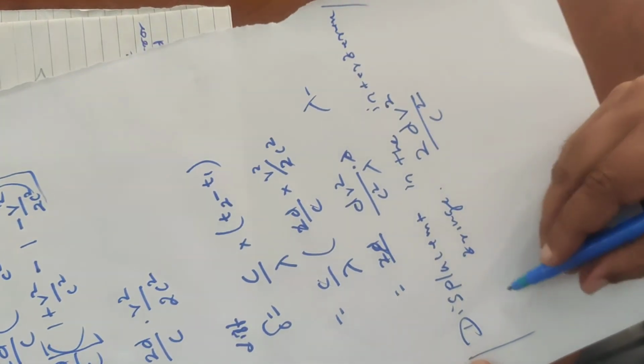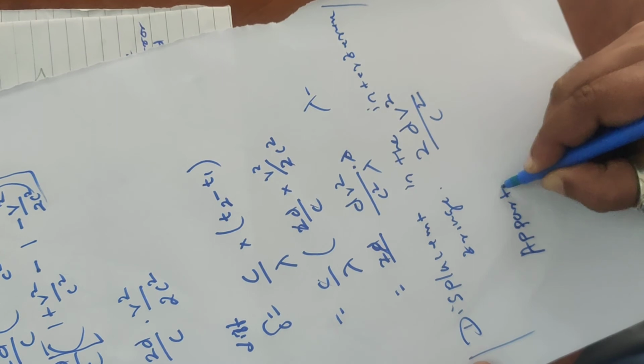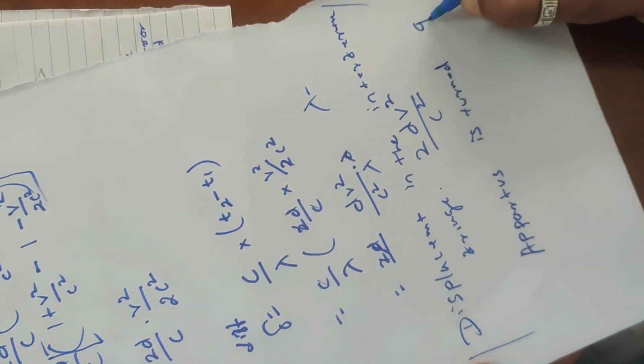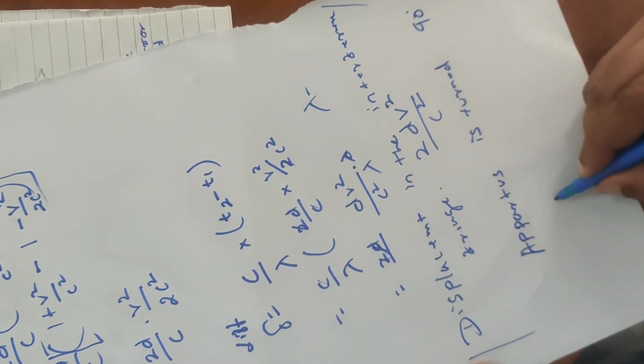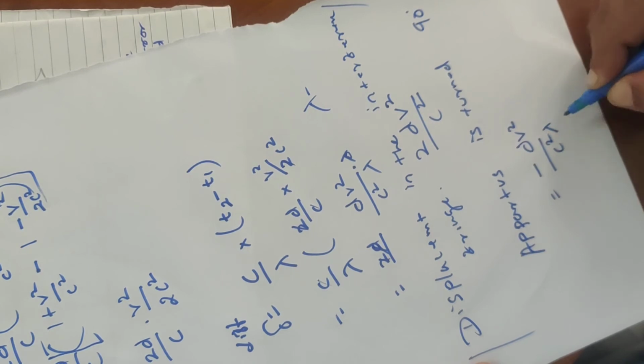If another factor is the apparatus is turned through 90 degree, then the equation will be minus dv square upon c square lambda.